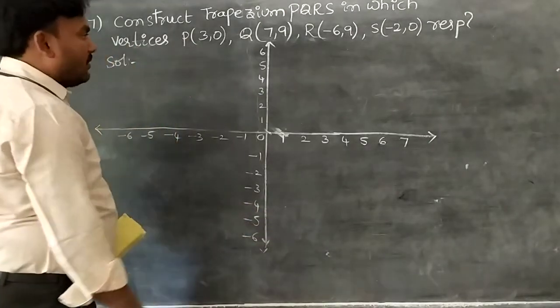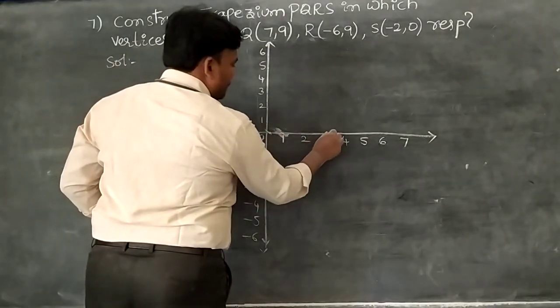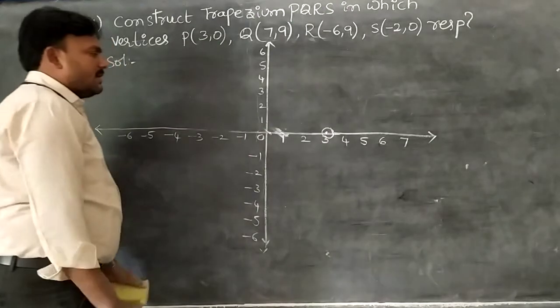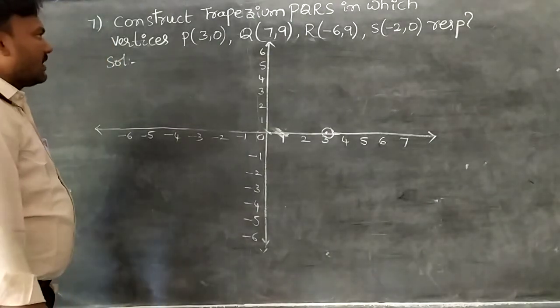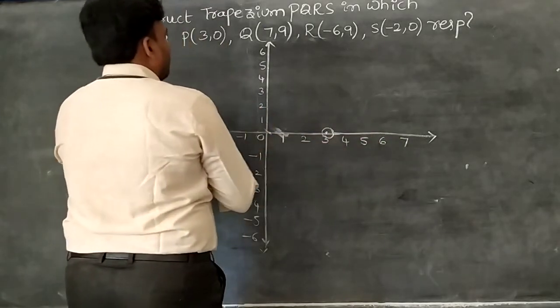Okay, plotting the points. P is (3, 0): x value 3, y value 0, so on the x-axis the y coordinate is 0. Q is (7, 9): x value 7, y value 9.